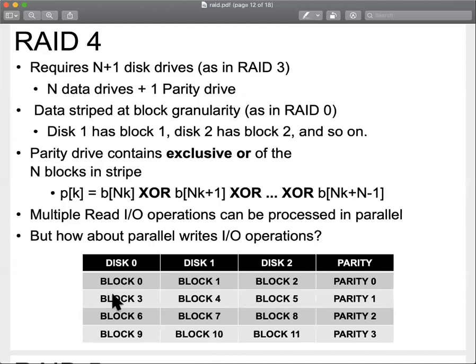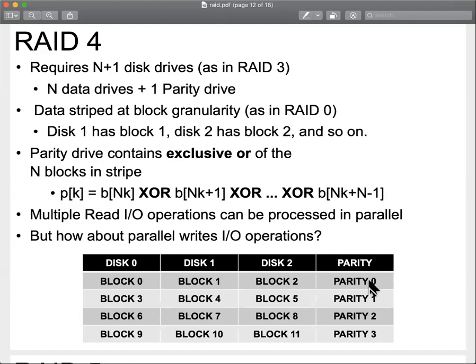So this seems fairly simple, but there is always a catch, all right? And the catch is for write operations. At first sight, it may look like we can write to all the disks in parallel. You can say, hey, I can write to block 0 and block 4 and block 2 or block 8 at the same time, but not so fast, because when you write a block, the parity information has to be updated.